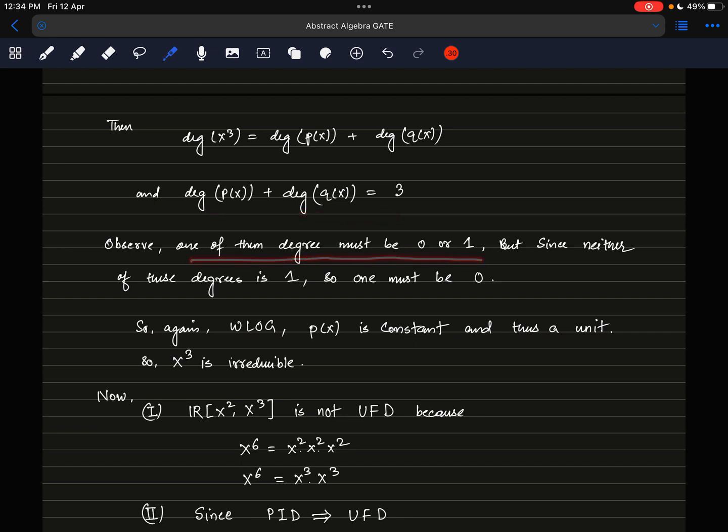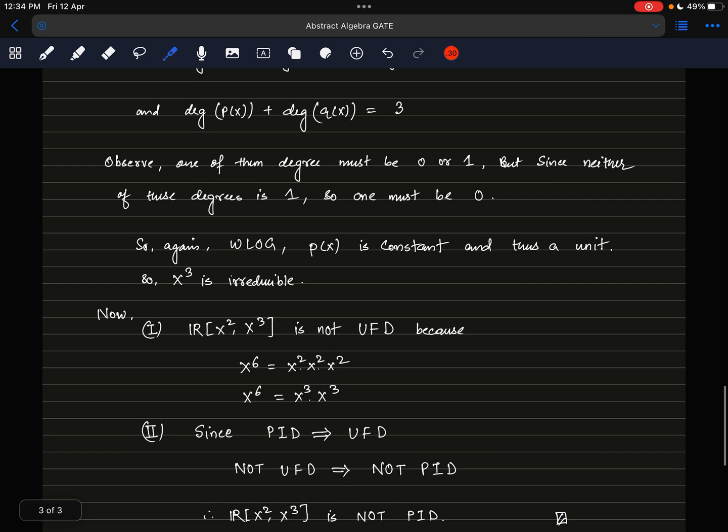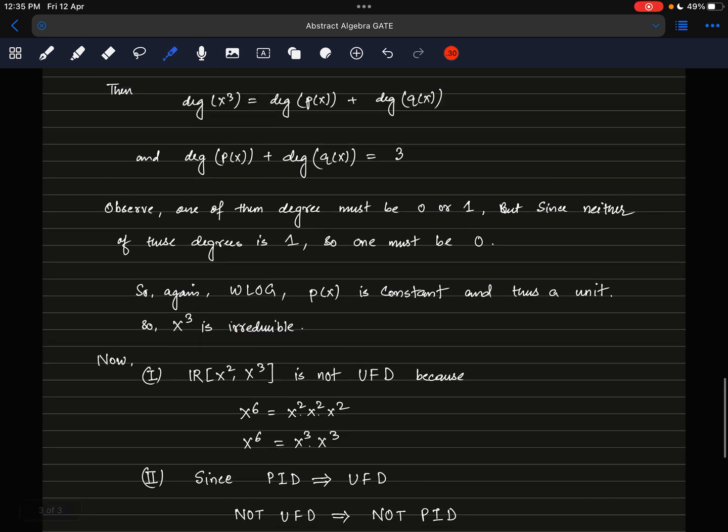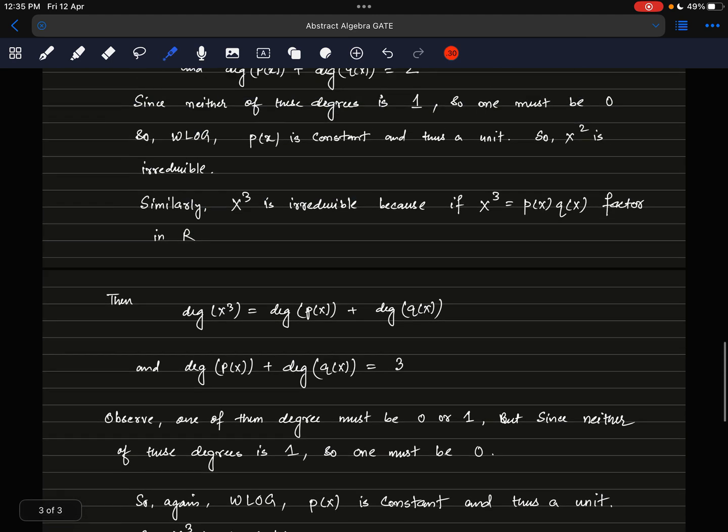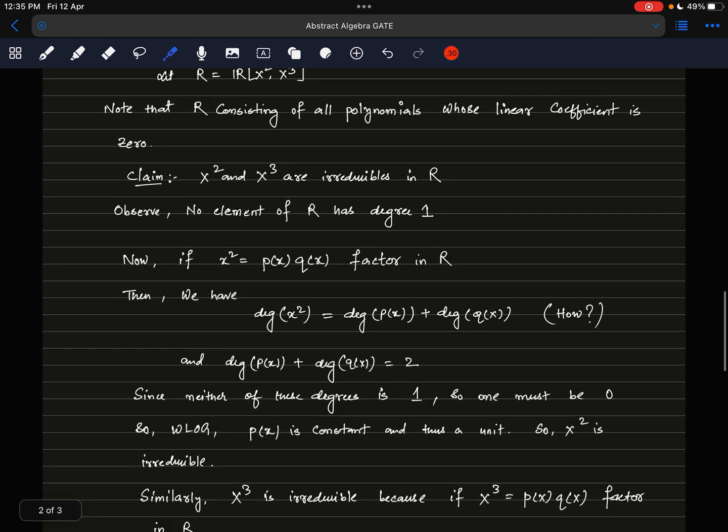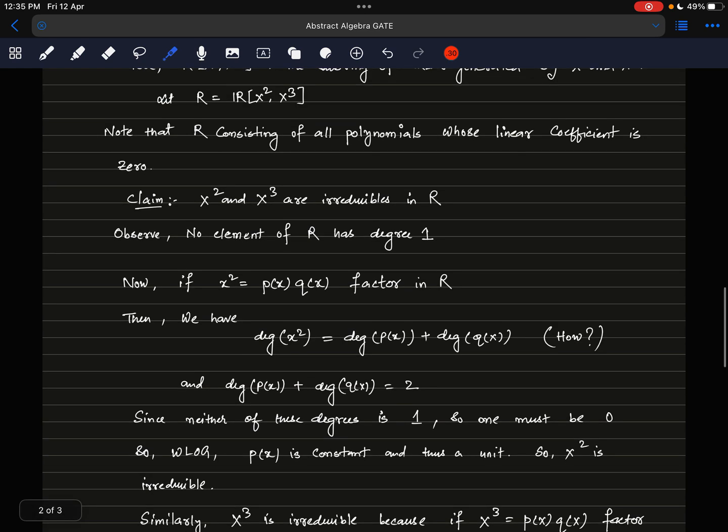Again, without loss of generality, we can consider p(x) constant, or q(x) constant, and that's a unit. So x cube is irreducible. So our claim is proved: both x square and x cube are irreducible in R.